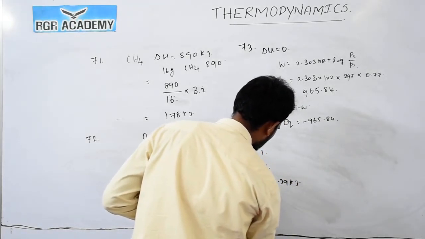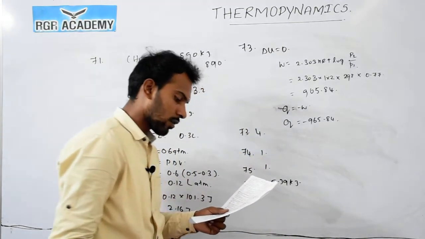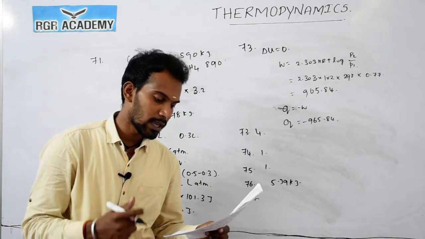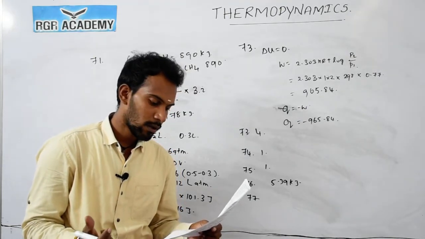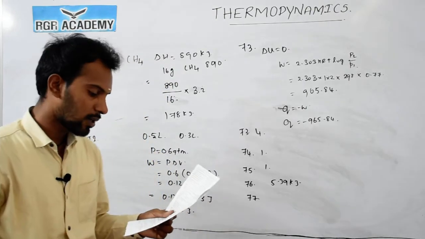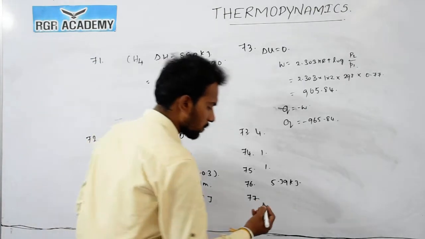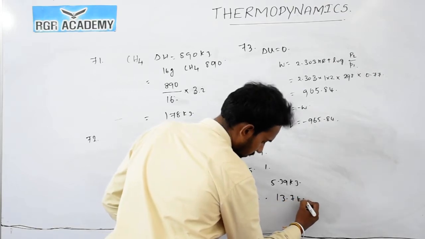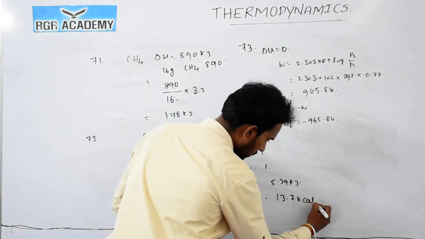Now question number 77. The neutralization takes place between H plus and OH minus. The heat of neutralization of complete neutralization of H2SO4 by base: because of 2 H plus ions, the value is 13.7 kilo calorie.